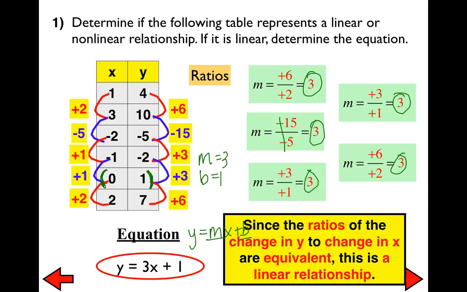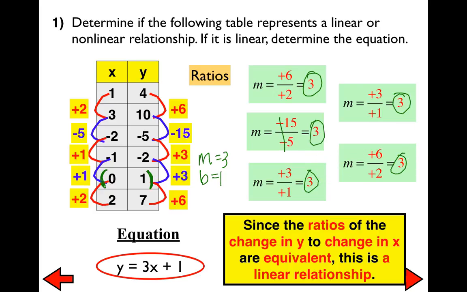So now, what you need to remember and understand is, since the ratios of the change in y over the change in x, which in this case we would refer to as slope, are all equivalent, this is a linear relationship. If these were not all equivalent, then it wouldn't be called a slope, because slope represents a constant rate of change.